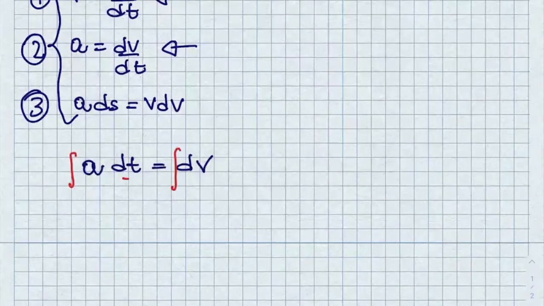Now this is the differential, right? We have the one that has a d, that's the differential. So the limits for this one go from 0 to t. And for this one, they go from v naught, which is the initial velocity, to the final velocity.